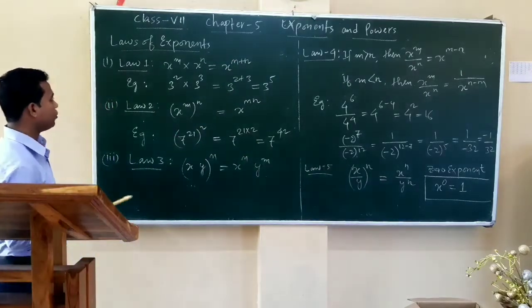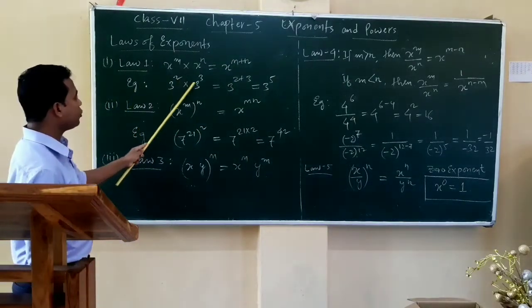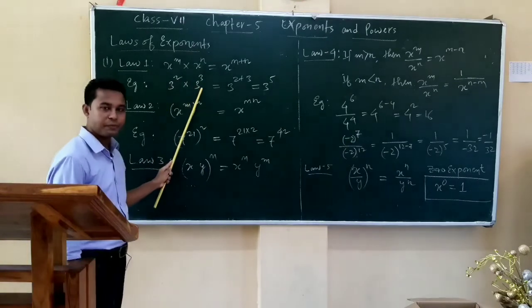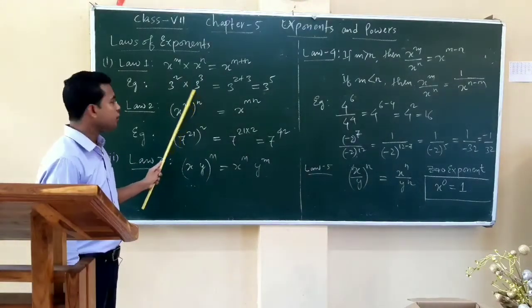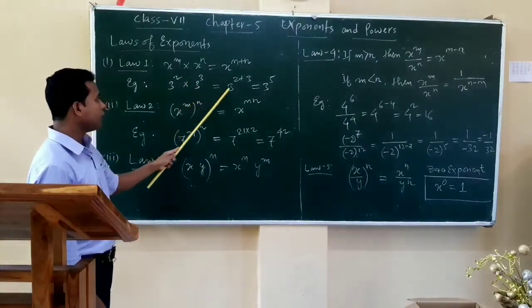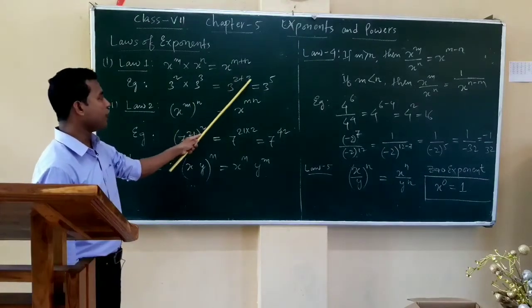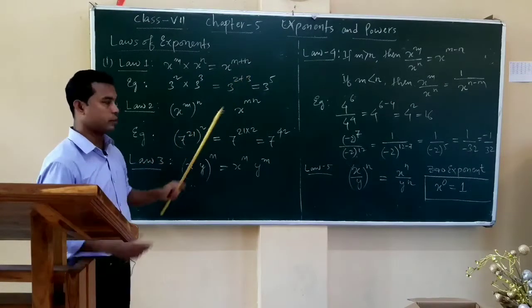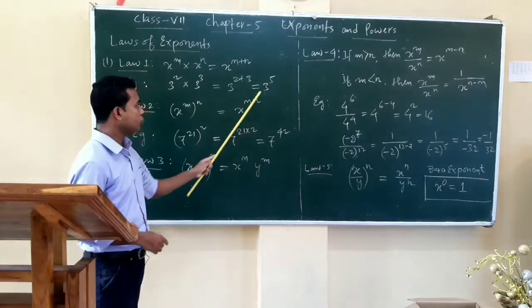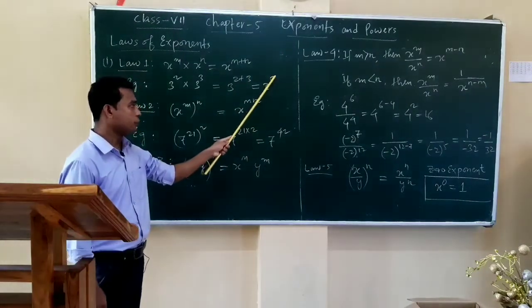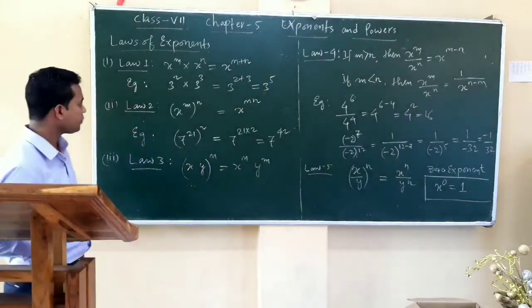Okay? Now, for example, 3 square into 3 cube, you can see that bases are same. So, we can write it as 3 raised to 2 plus 3. We have added the exponents. So, it gives 3 raised to the power 5.